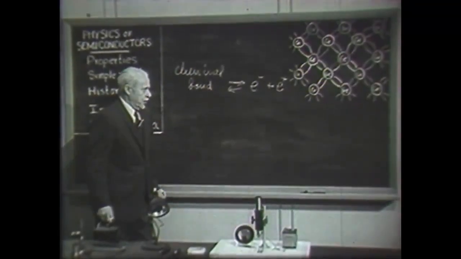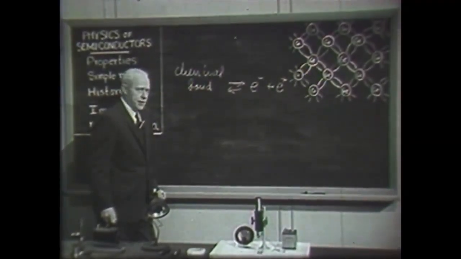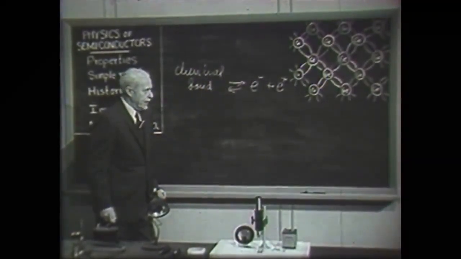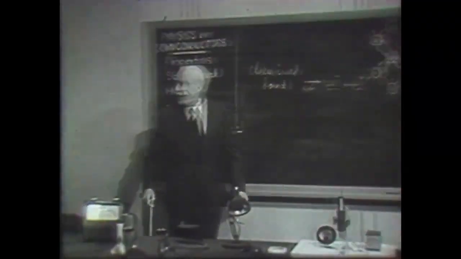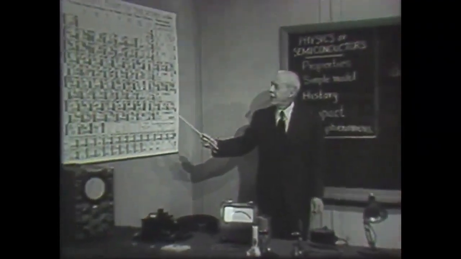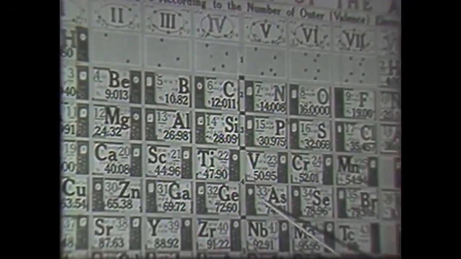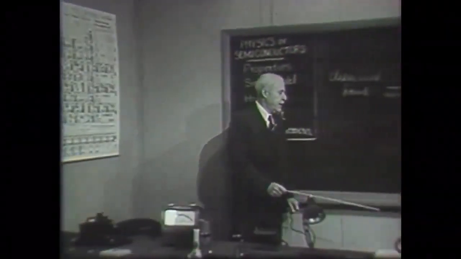We need to go further, though, to get the model that we need to explain the experimental facts that we've seen before. To do this, we go over to the periodic table and pick out an atom from the 5th column, such as arsenic, as an impurity.